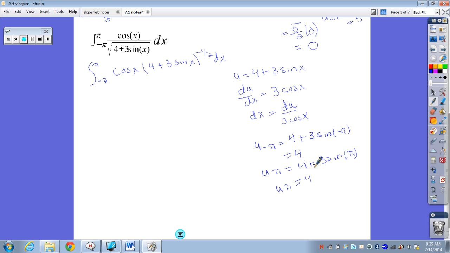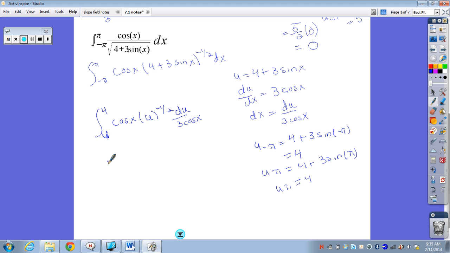So we're actually going to have the same thing that we had last time, but just to plug everything in so we check, we would get cosine x, and then we would have u to the negative 1/2, and then du over 3 cosine x from 4 to 4.